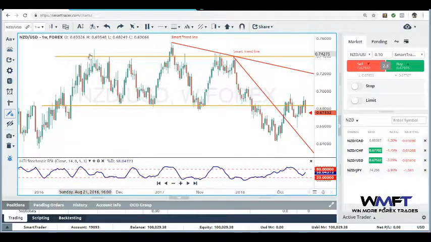Now you have all this resistance here, and then you have all this support here. If you sell when the market is at the top of resistance, then you buy at support. Sell at resistance, buy at support. And you would have been making pips throughout this sideways price range.